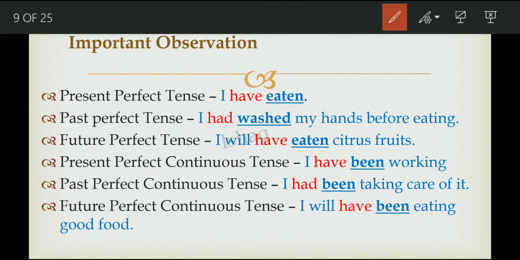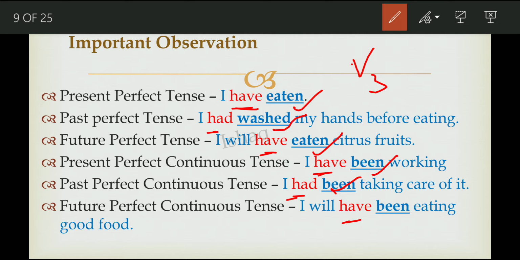So the important observation we'll have to see is, after using that have form, we always see some sort of verb. See here, in the first sentence, I have eaten, the action verb is eaten. In the second sentence, the action word is washed, eaten, been. So it is always some kind of verb which is v3.